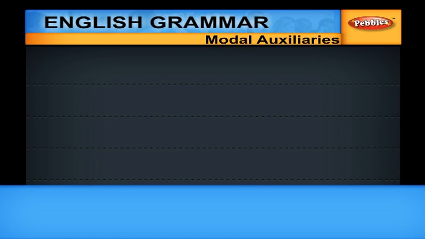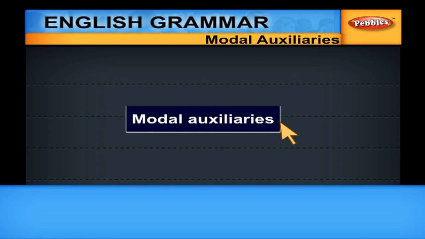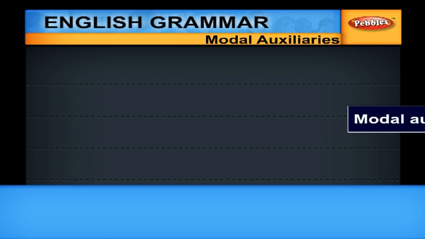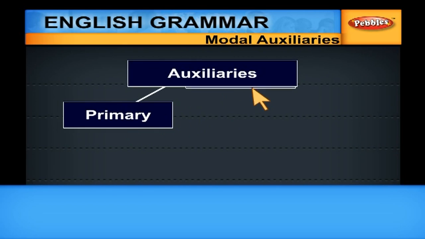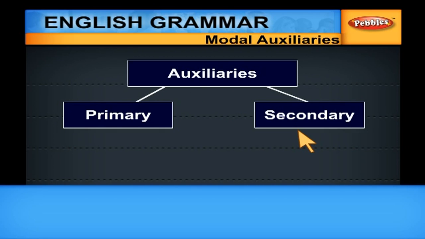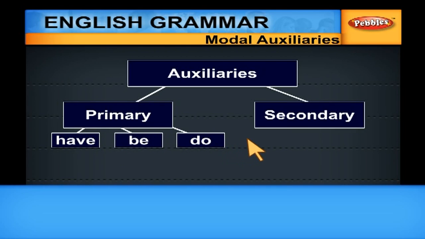Now we are going to take up for study modal auxiliaries. We have seen about two types of auxiliaries, primary and secondary. We studied about primary auxiliaries, namely have, be and do. Now we will discuss secondary auxiliaries.